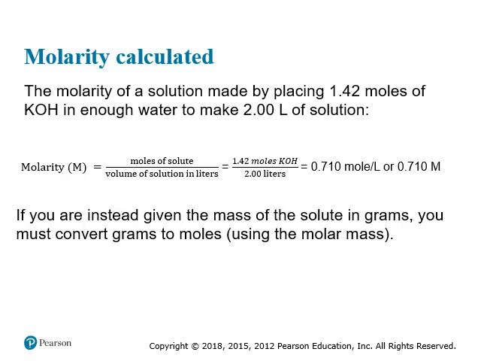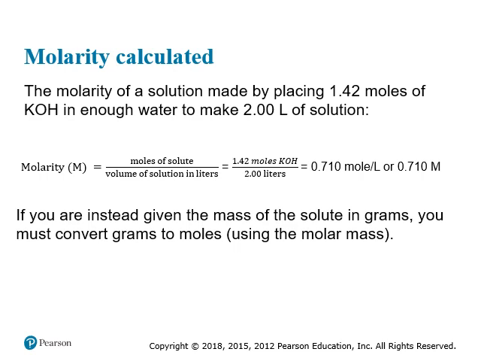Here's an example of a calculation of molarity. If I were to take 1.42 moles of potassium hydroxide, and I were to place it in enough water to make 2 liters of solution, that solution would have a specific concentration. There would be a certain amount of solute per liter of solution.